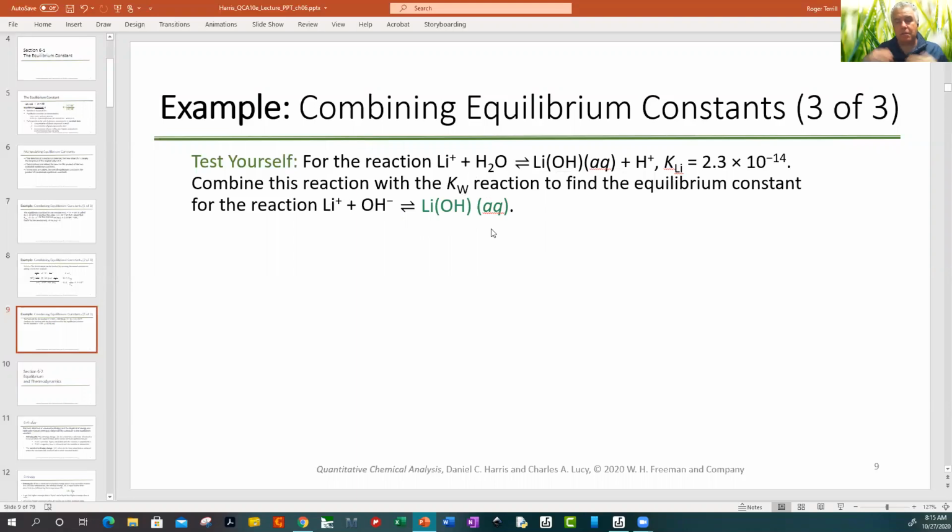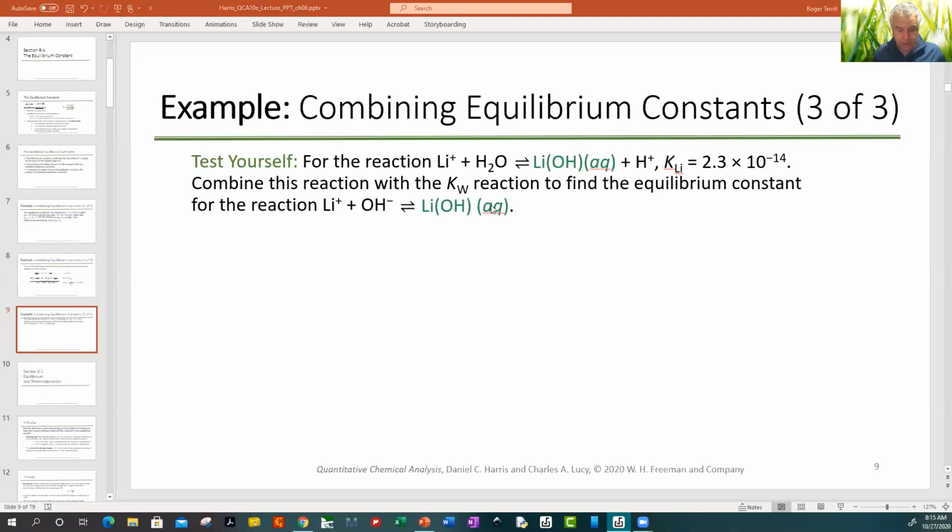This is a molecule that is soluble in water. Don't confuse this with lithium hydroxide solid. It's not really common, but I'll always try to point it out. Aqueous lithium hydroxide is not in any kind of standard state here.